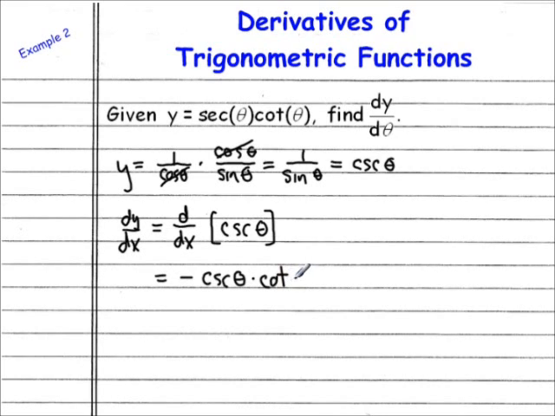So the derivatives of the co-functions are always preceded with a negative, and they involve cosecant functions, except for the derivative of the cosine of theta, or x, which is just negative sine x. But here's our answer. Nevertheless, here's our answer.